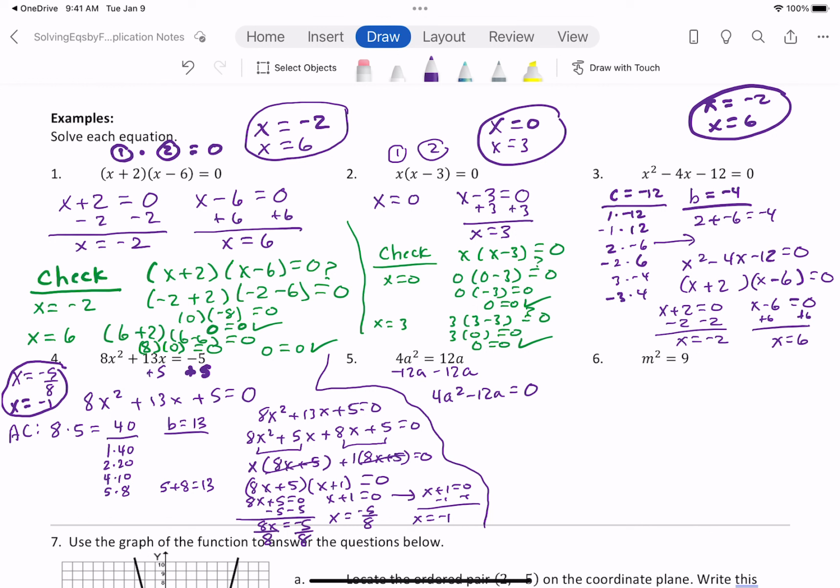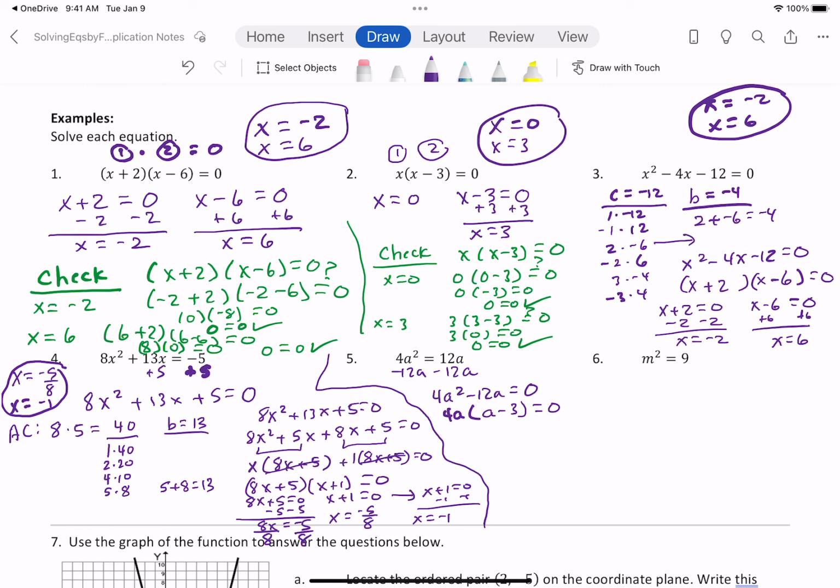I have a binomial, and it's not going to be a perfect square or a difference or sum of cubes. So looks like the best I can do is to determine greatest common factor. And I think the greatest common factor here would be 4a. And that will leave me with a minus 3.